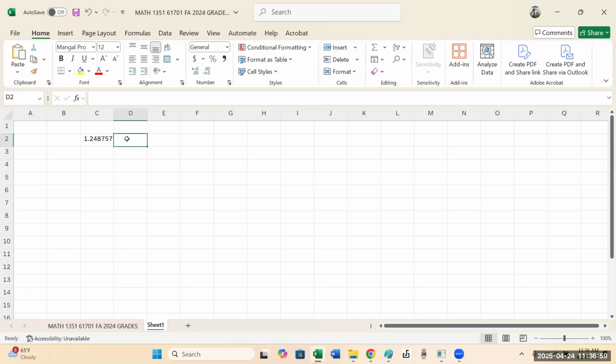So our z value is approximately 1.25. Why is it 1.25? Because our z chart has two decimal places.